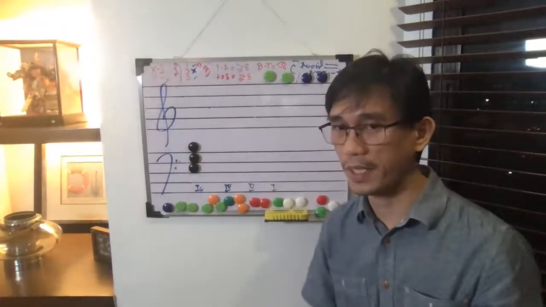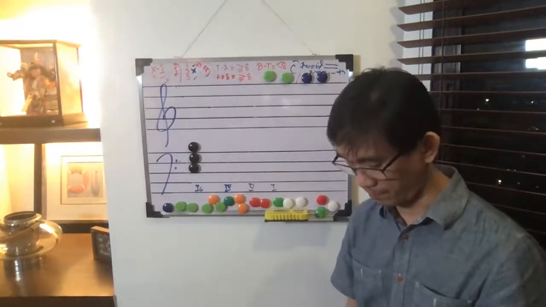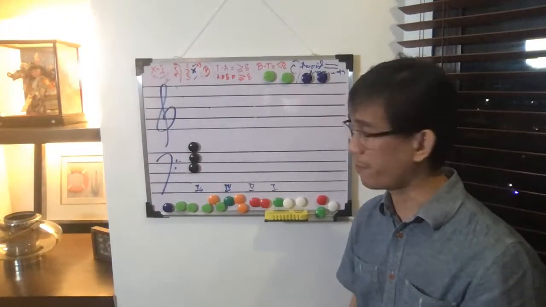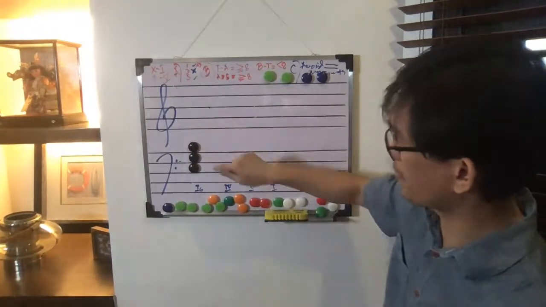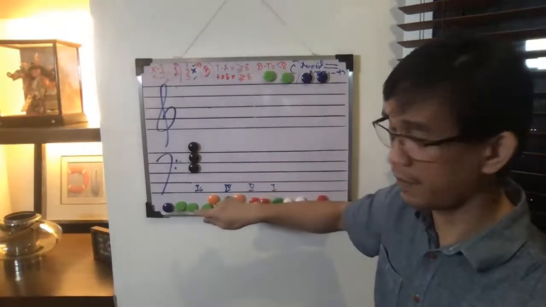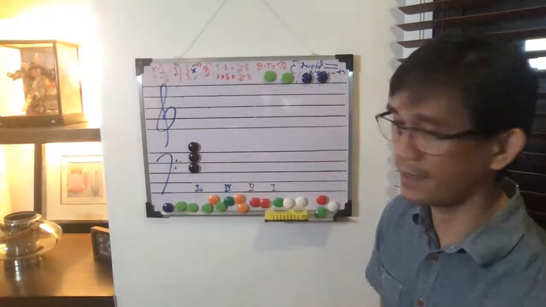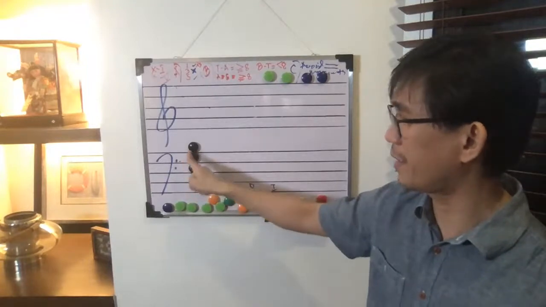If we say E major, then do we need 4 sharps? Because if you say we need 4 sharps, then what are the sharps? F, C, G, and D. But do you see any sharps written here?